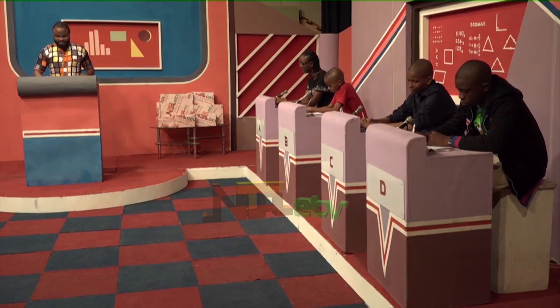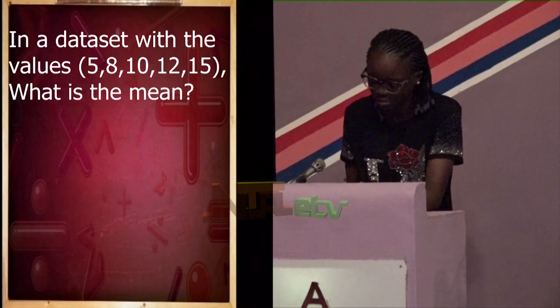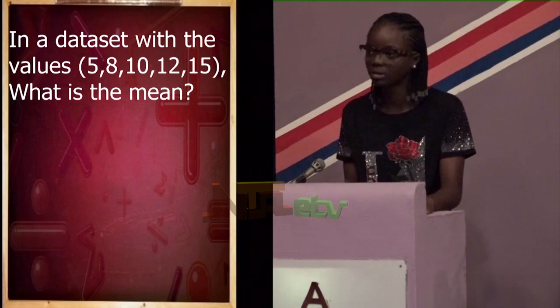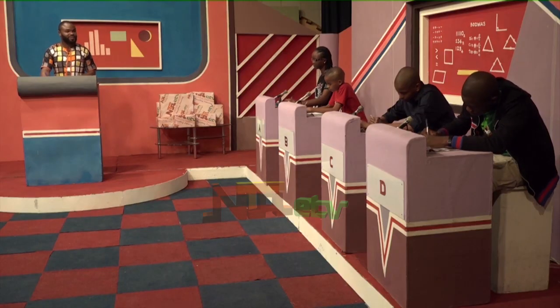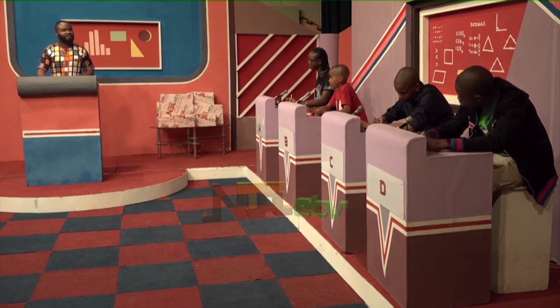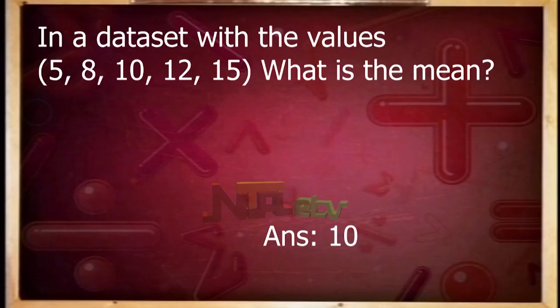Question 11. In a data set with the values 5, 8, 10, 12, 15, what is the mean? Your time is up. Do we have a bonus? Contestant C? 10. And 10 is correct.